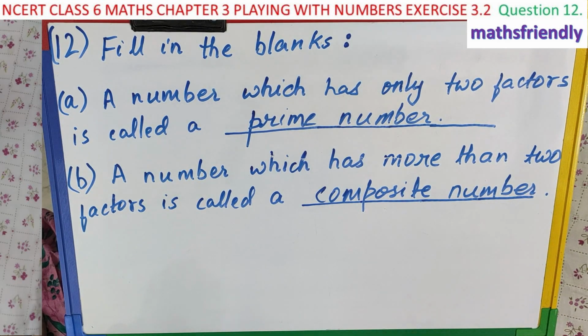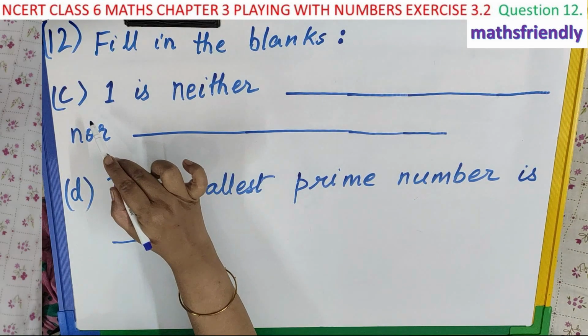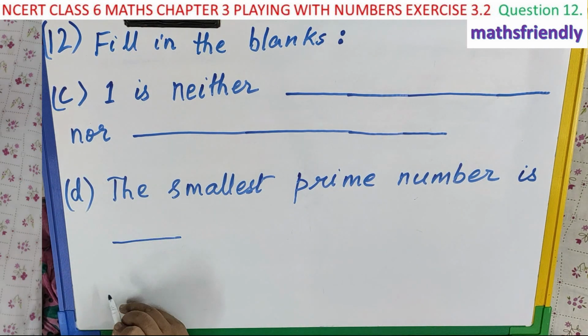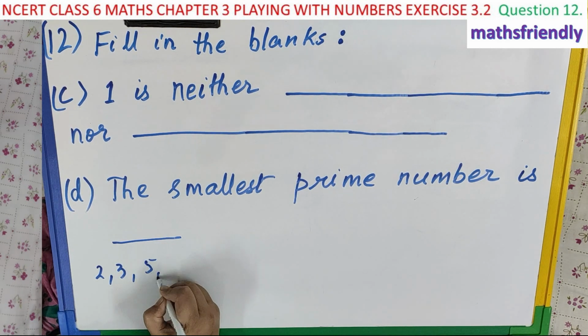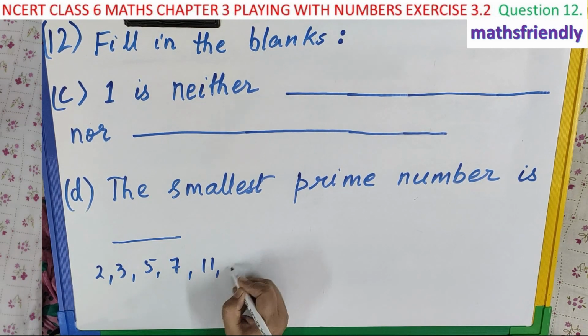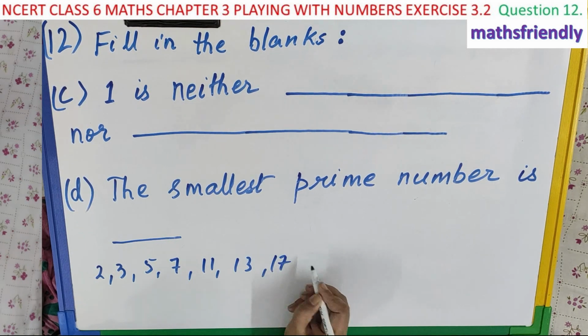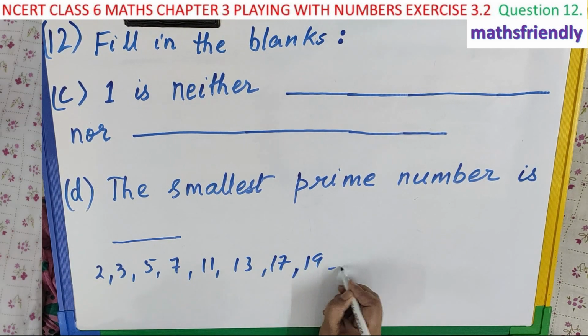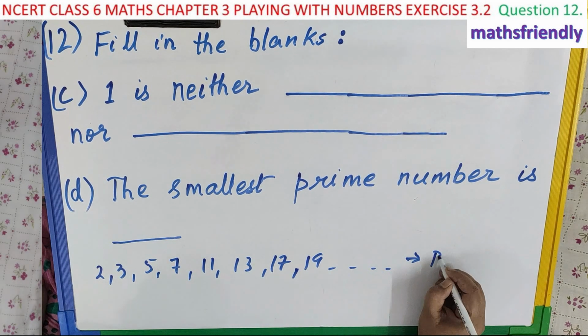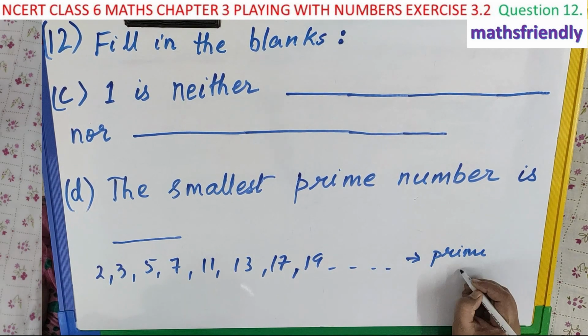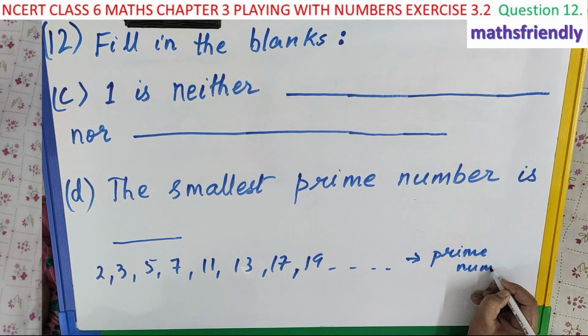Now let us move to the C and D parts. See, these are questions C and D. Okay, what I said is that 2, 3, 5, 7, 11, 13, 17, 19 and so on are all prime numbers, right?